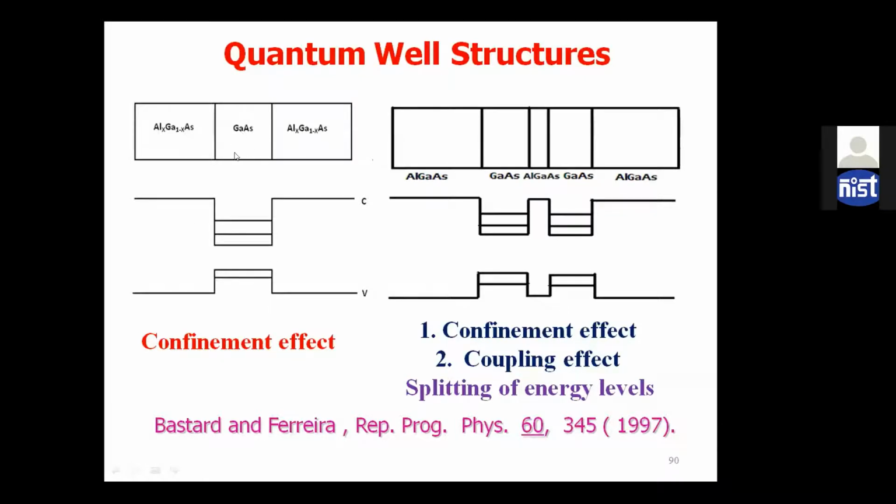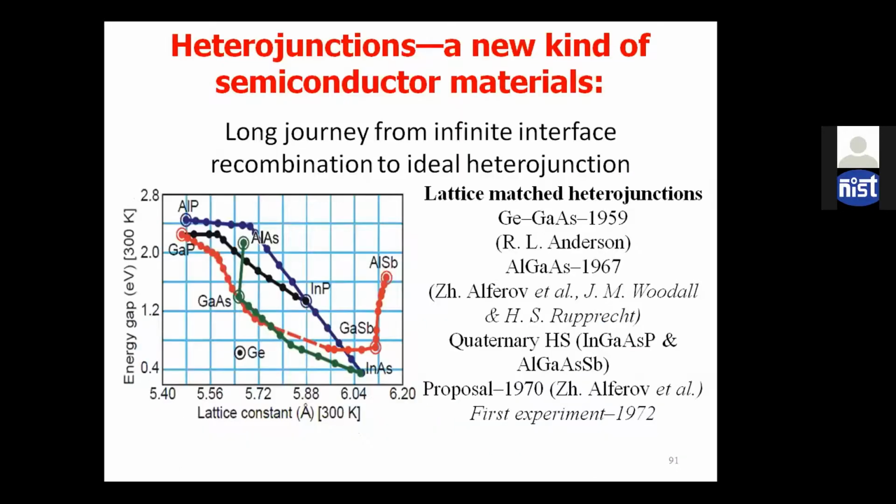If you confine a low band gap material in between two large band gap materials, and in a coupled quantum well structure, this splitting of energy levels takes place, and that splitting of energy levels is due to the confinement effect as well as the coupling effect. So now we go to this heterostructure property, which is huge in the improvement of transport phenomena.